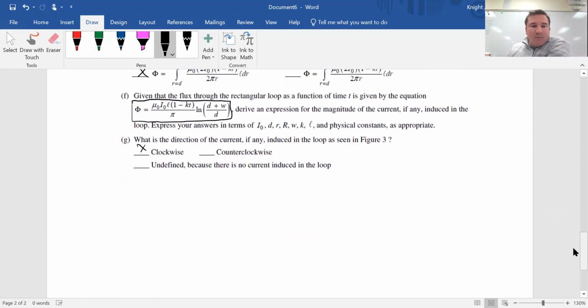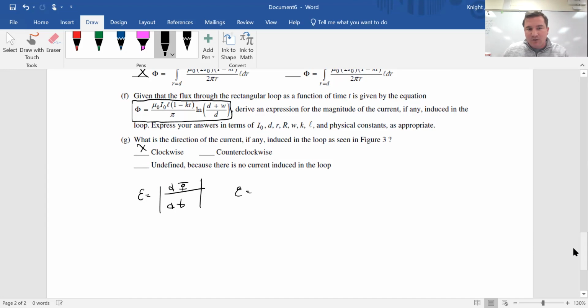We get clockwise current, but let's derive an expression for the magnitude of the current. So we're going to start with Faraday's law. EMF is the absolute value of d phi dt, change in flux over change in time. We have an equation for flux, this whole big thing right here, so we could just pop that in for flux.